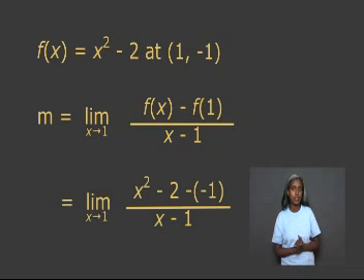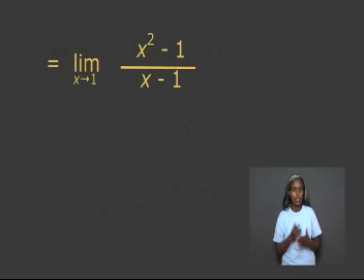This equals the limit of x squared minus 2 minus negative 1 over x minus 1. This can be simplified to the limit of x squared minus 1 over x minus 1.